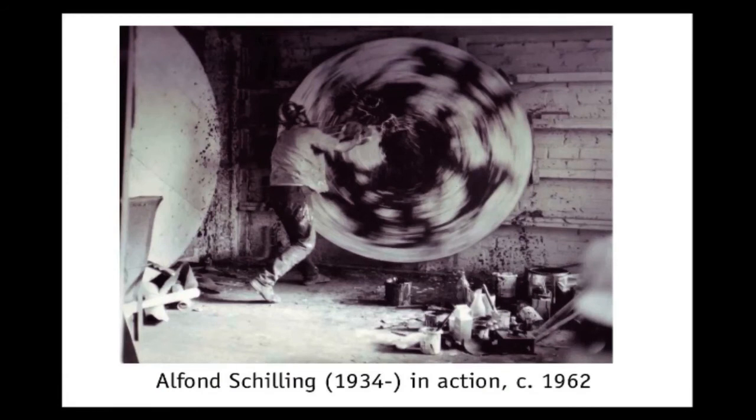One of the early forms of Schilling's art were these rotating canvases that he painted in the early 60s. Some of you may know about Damien Hirst's work in recent years using rotating motorized canvases. It is such a shame that people think that is some kind of innovation, which it is not at all.